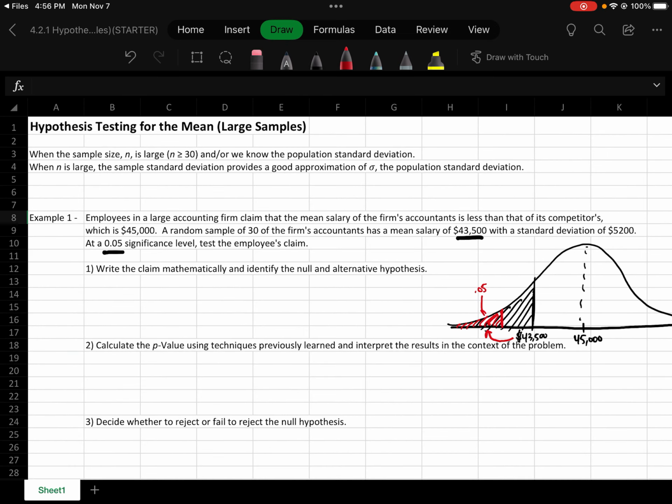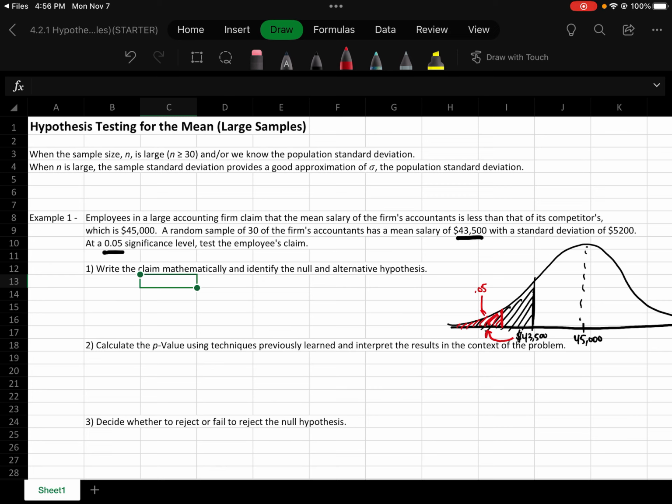So we need to start by actually creating a null hypothesis for this. Okay? So our null hypothesis mathematically, whenever you make a claim, there is some historical thing that's already been there. It's the status quo. Okay? They're saying there's this other firm that is giving its employees $45,000.